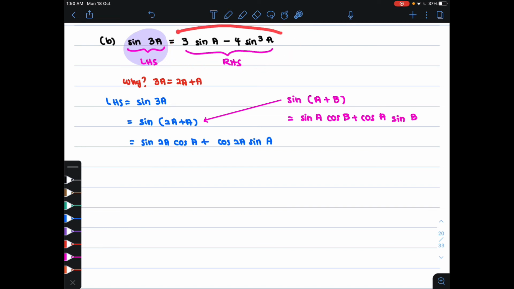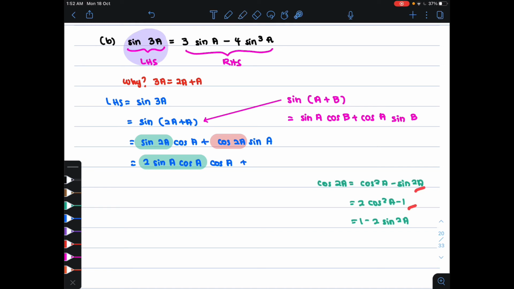Note that in the right hand side here, the angle that we have is only A. But now in our answer, we have the angle 2A and A. So this means that you need to do something to sine 2A and cos 2A. So we're gonna use the double angle formula here. Now what about cos 2A?